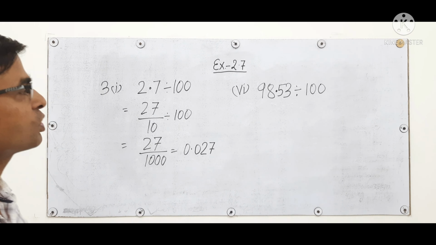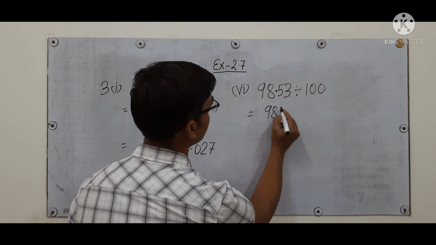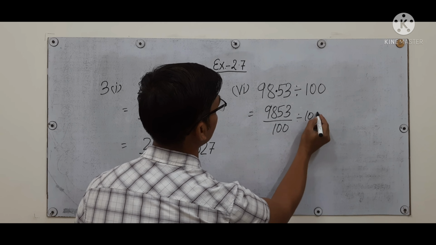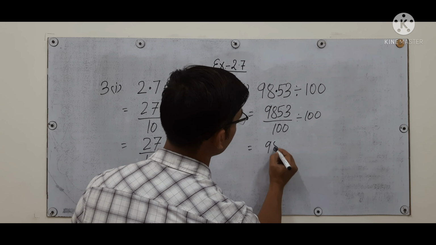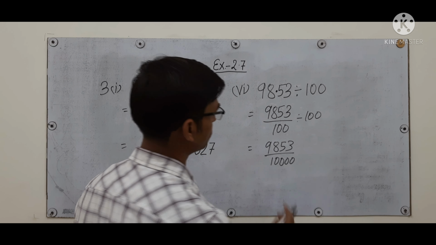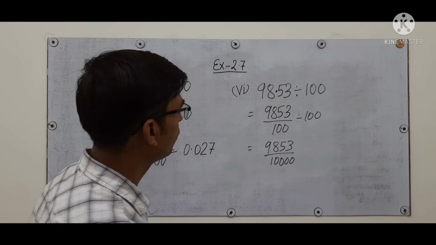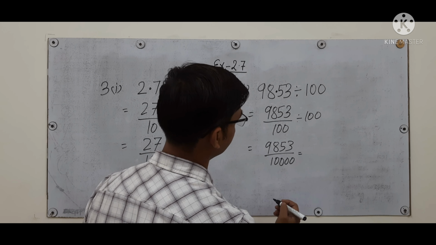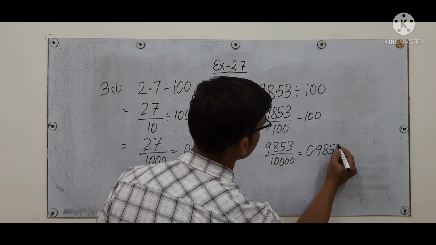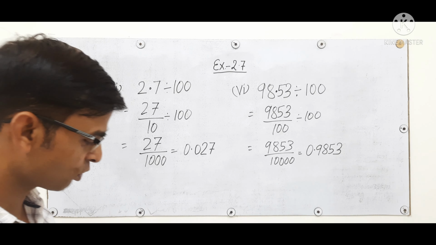In this question also, first of all we will replace its decimal, and it will be 9853 upon 100 divided by 100, and then it will be 9853 upon 10,000. Here there are 4 zeros, so we will put the decimal after 4 digits. So it will be 0.9853.